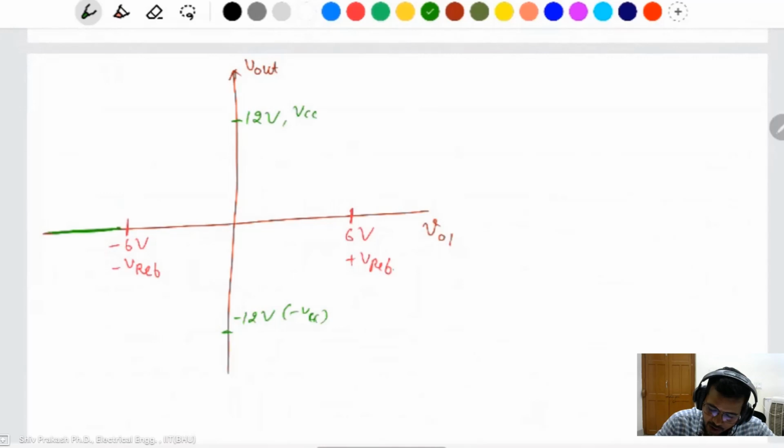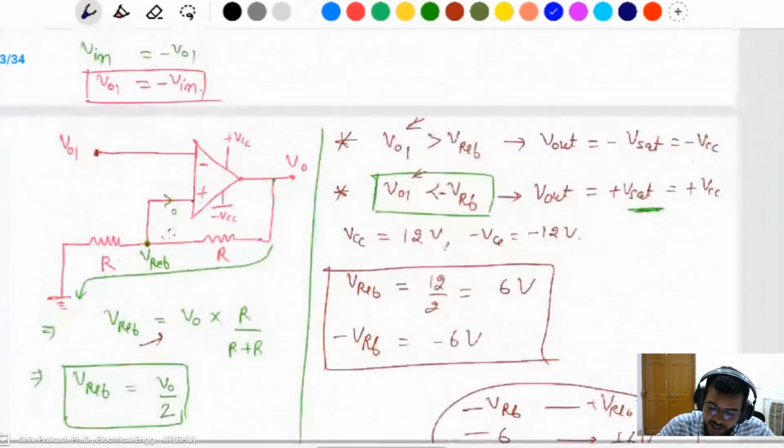When V naught 1, it means the input voltage of Smith trigger is more negative to the reference point, the output voltage is the plus VCC. It will stay till the next plus V reference does not come.